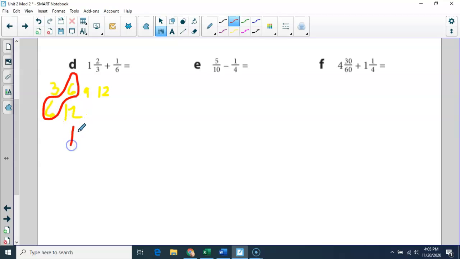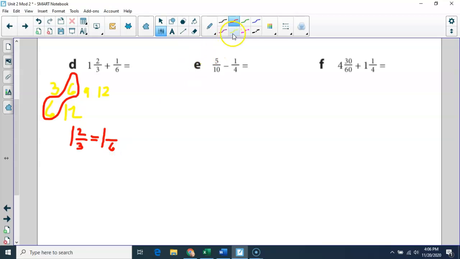So you have 1 2/3. Oops. 1 2/3. Sorry about that. And we want to find the equivalent fraction that has 6 as a denominator. So I know that I can still keep my 1 whole, and I want 6 as a denominator.